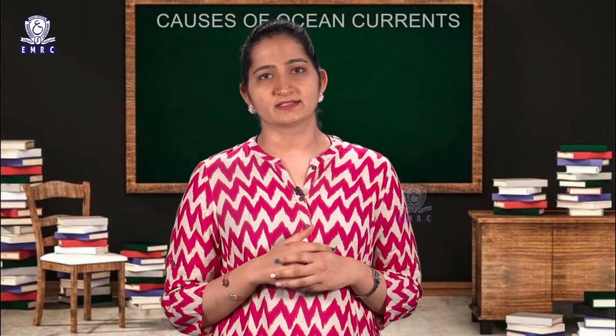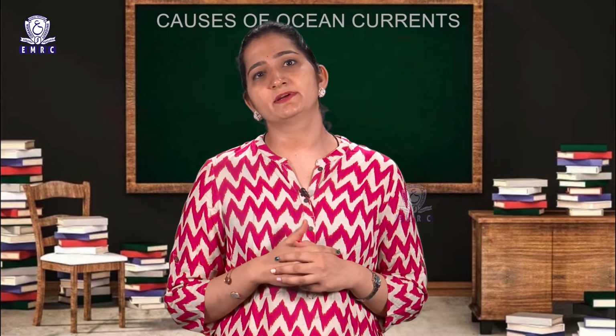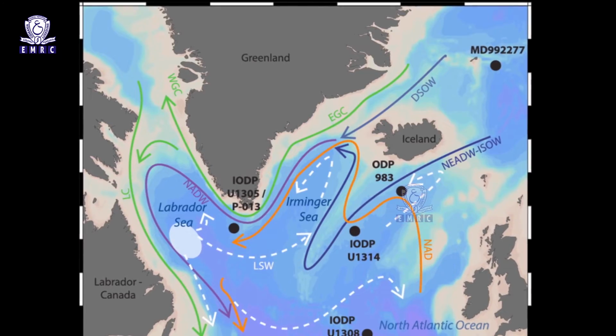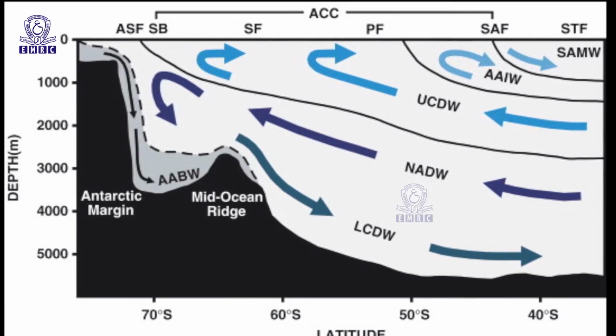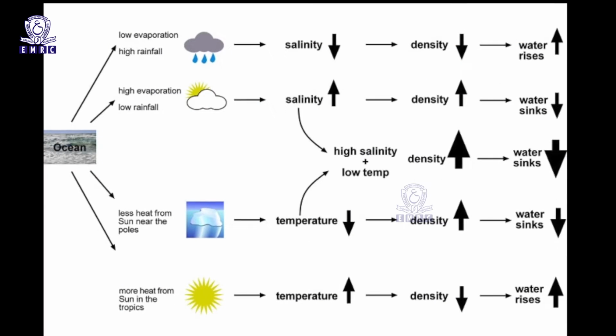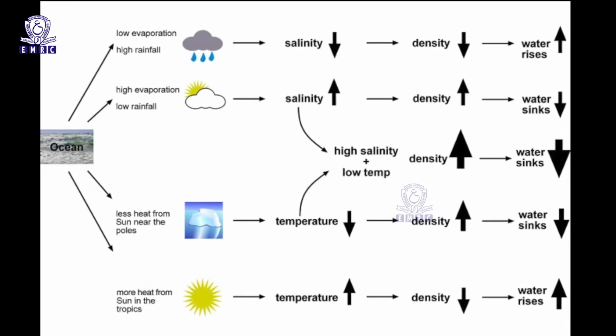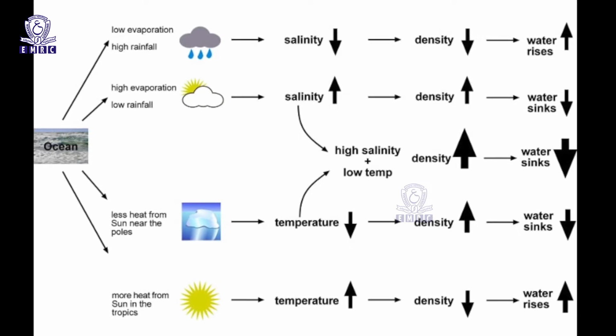Causes of the ocean currents. The unequal heating of the Earth's surface and the movement of the water masses along the surface by the winds are responsible for the development of the currents. Currents are the reflections of the ocean water circulations. The factors responsible for the oceanic water masses to circulate are wind, salinity, density, temperature, ocean morphology and relief, and the Earth's rotation.